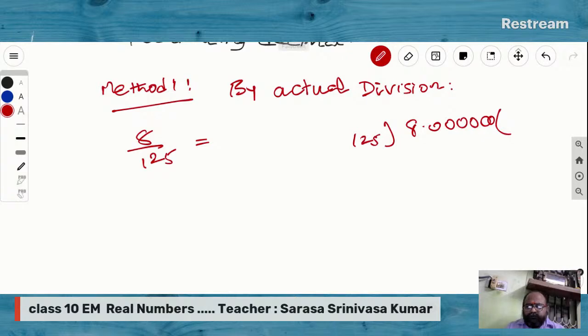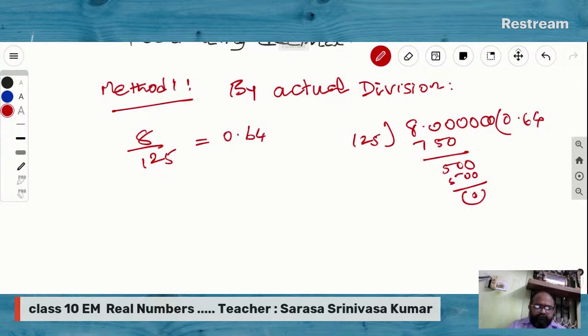So 0.6 times, 6 times 125, 600 plus 150, 750. Again we get 500. So it is 4 times we get 500. So 0.064. It is a terminating decimal.